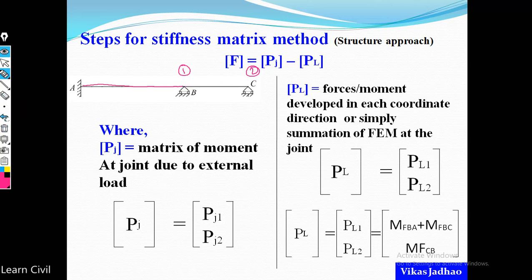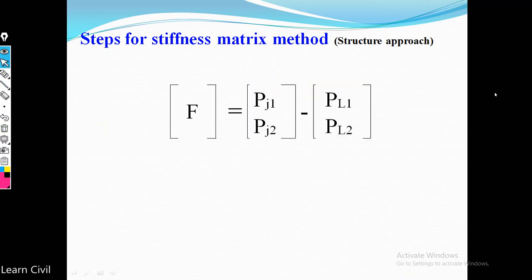So PL1 will be the fixed end moment MFBA plus the fixed end moment MFBC. Similarly, PL2 will be summation of fixed end moment of all the members meeting at joint C. Here we have only one member, that is CB. Therefore PL2 will be equal to MFCB.